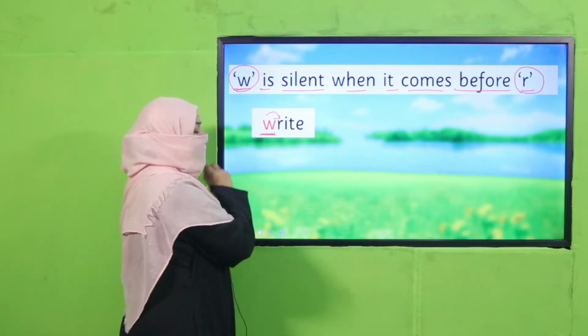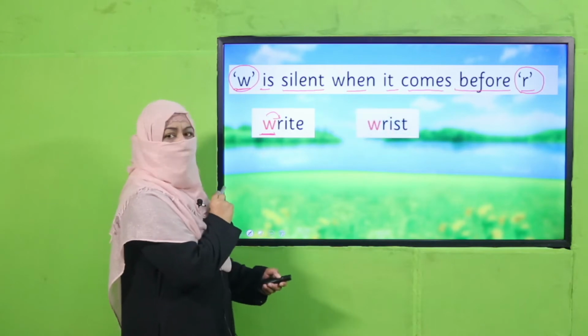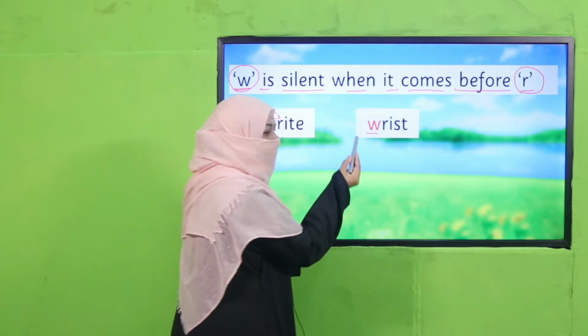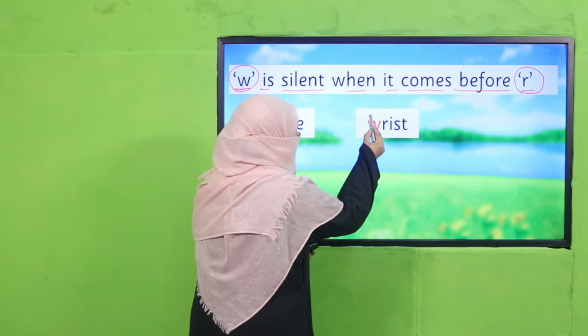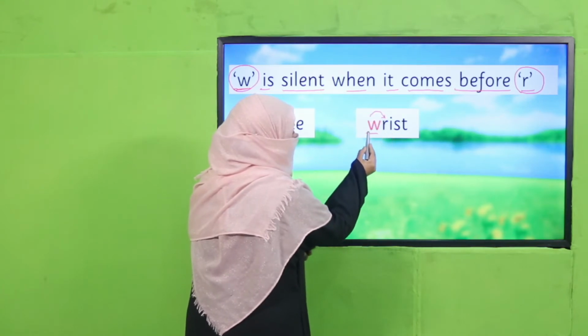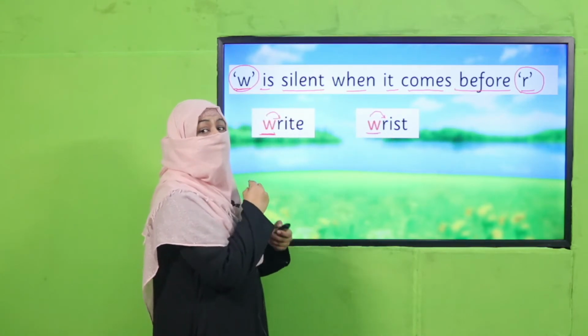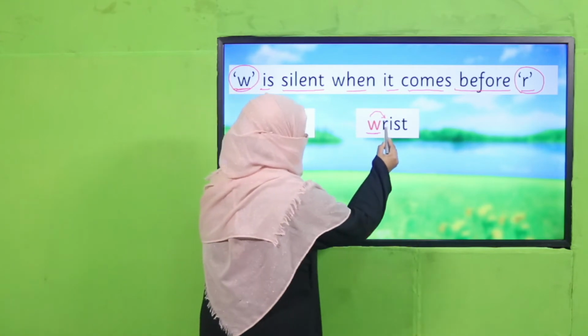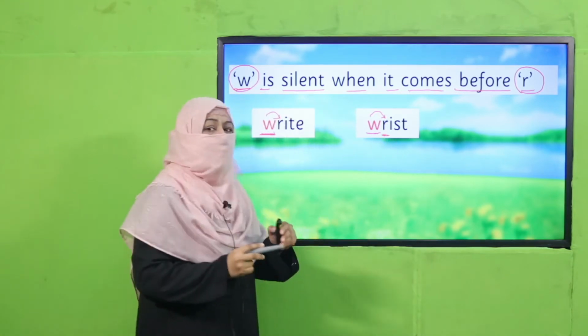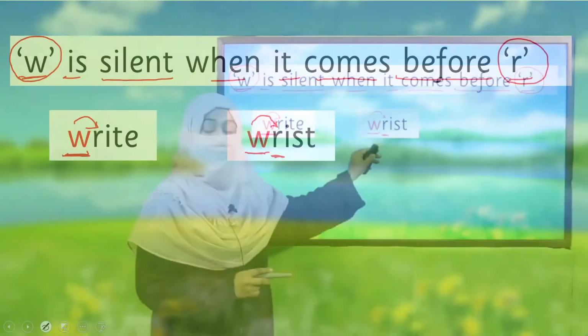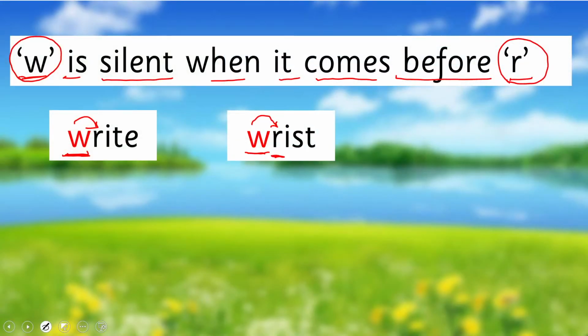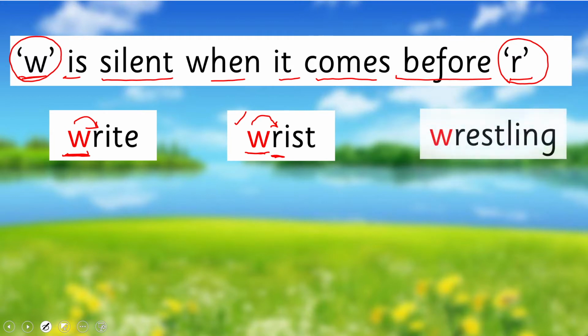We don't pronounce this W. Wrist. This W is silent. Why? The rule is because after W there is R, we will not say this W. The word starts from R. When we say it, we say wrist. But when we write it, we have to write this W as well. Okay?